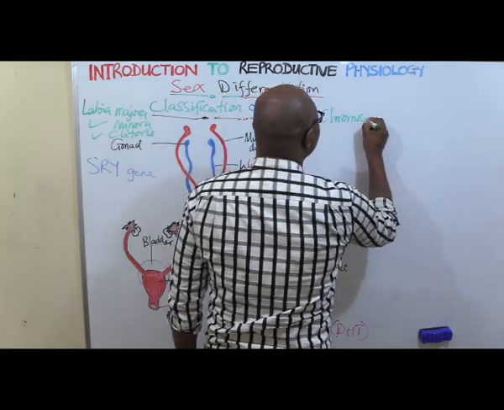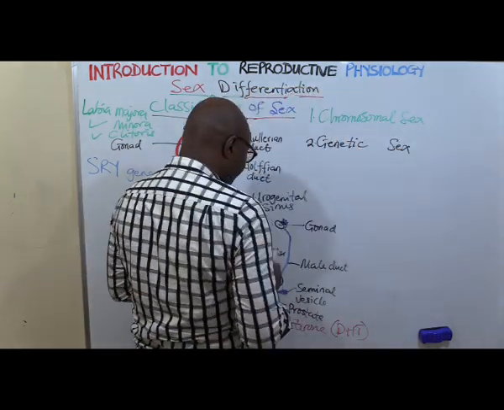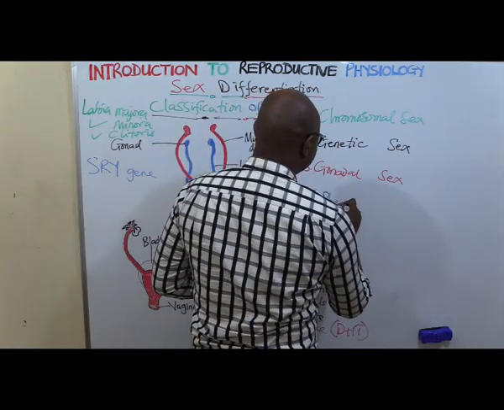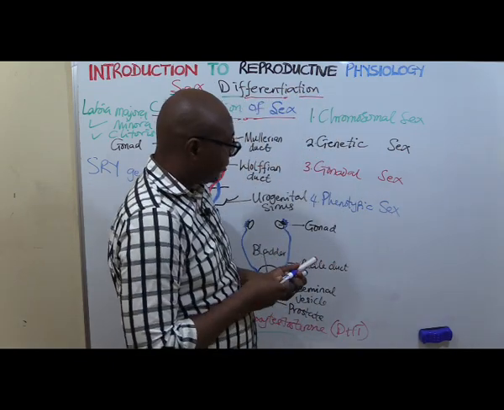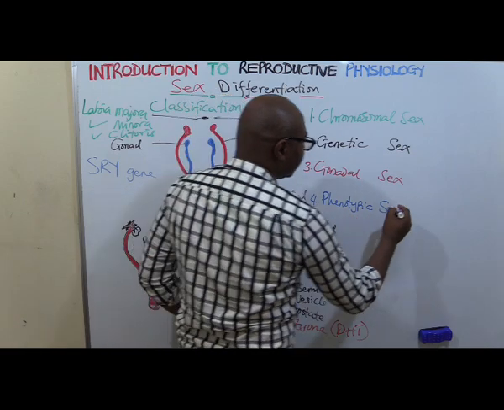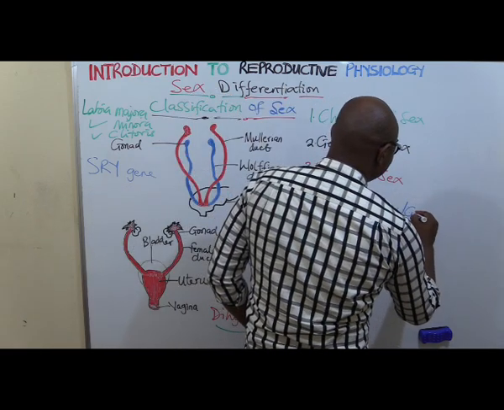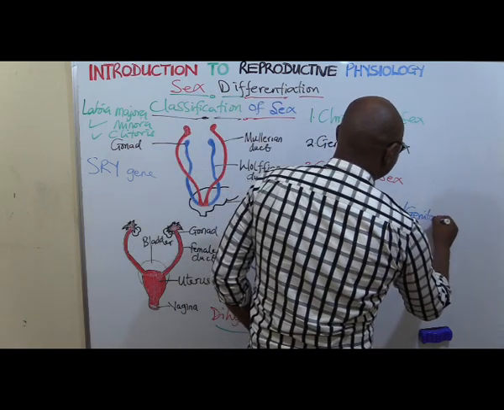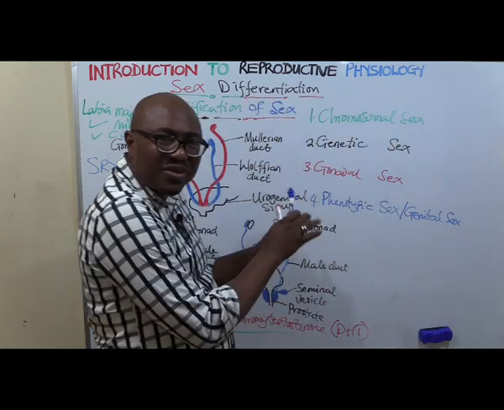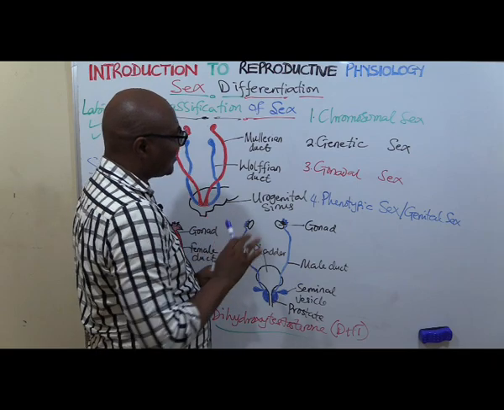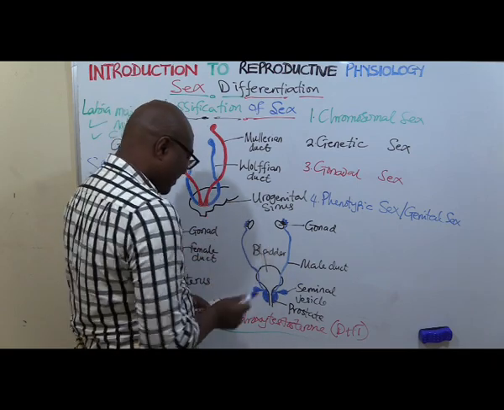Number 1, chromosomal sex, or you can also, this one is also known as genital sex. So what do we mean by all these names? Chromosomal sex, genetic, and so on. Don't be confused.